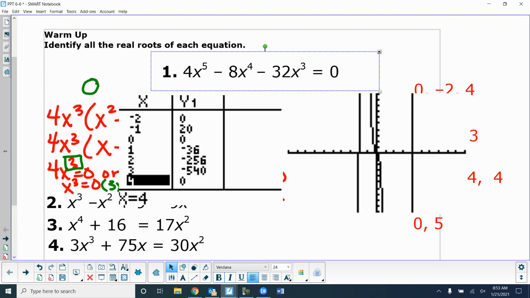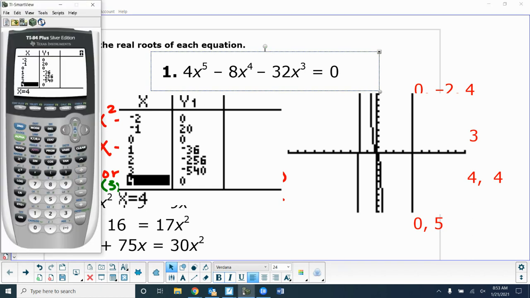All right, we got 0, 1 plus the square root of 3, and 1 minus the square root of 3. If you did it in your calculator and got a decimal, 1 plus the square root of 3 was 2.7. So if you got 2.7, you did it right. And then 1 minus the square root of 3 is -0.7. You did it right. It's okay.